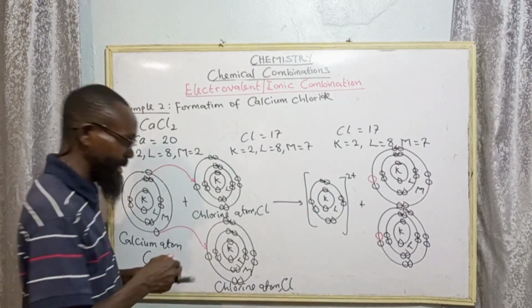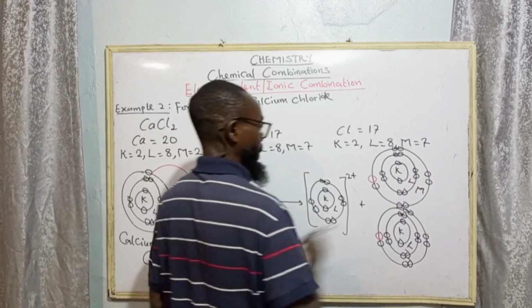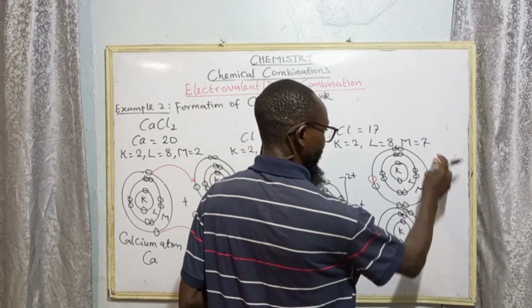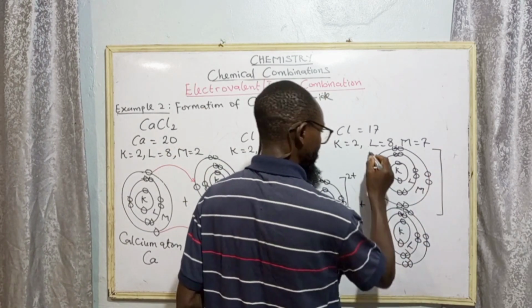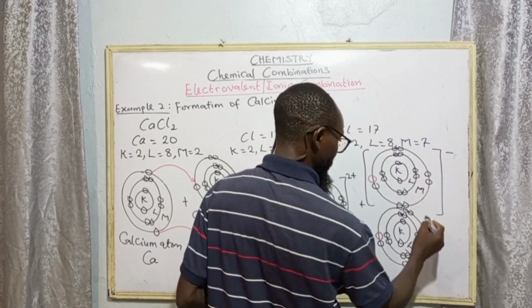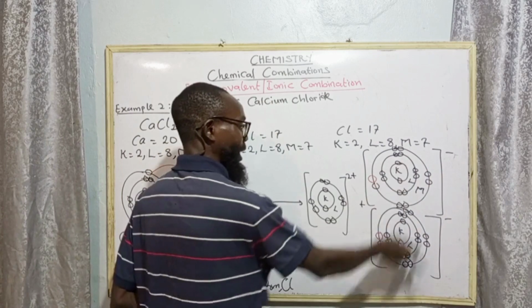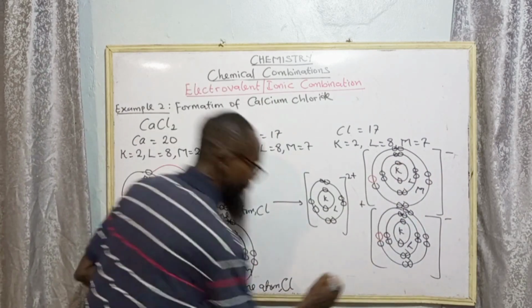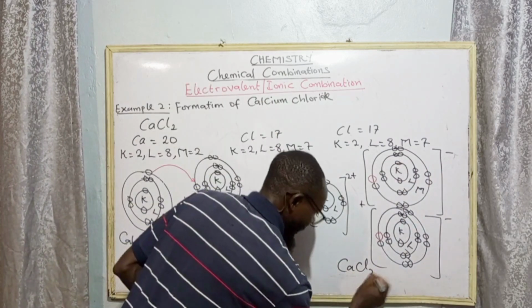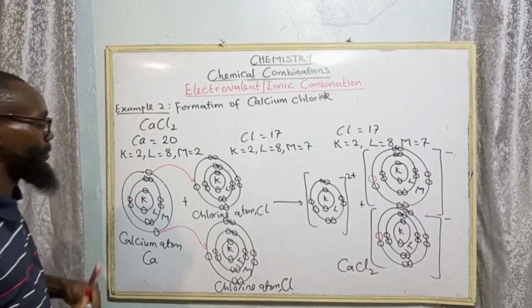So in this case, this one is gaining 1 electron. This one also is gaining 1 electron. So these are chloride ions to form calcium chloride. So this is the formation of calcium chloride.